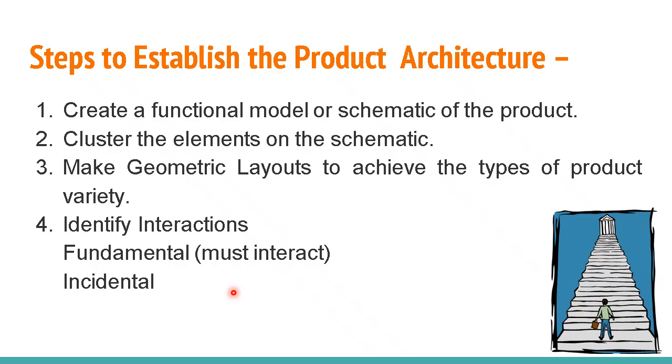Next, we group related functions into clusters or chunks. Then we make a geometrical layout to visualize how these chunks will be arranged physically. Finally, we define the interactions. Some are fundamental and must occur, while the incidental ones can be minimized.